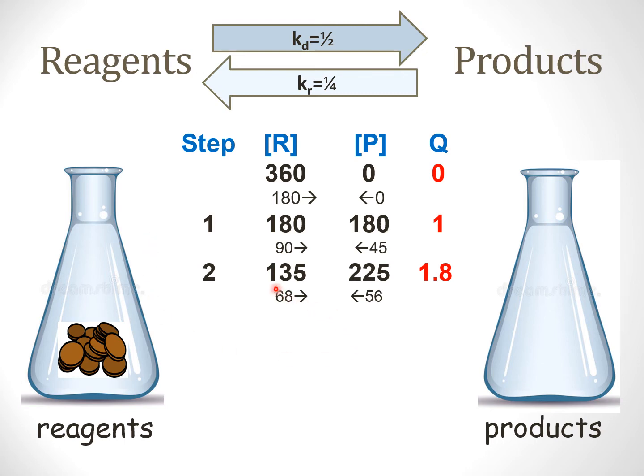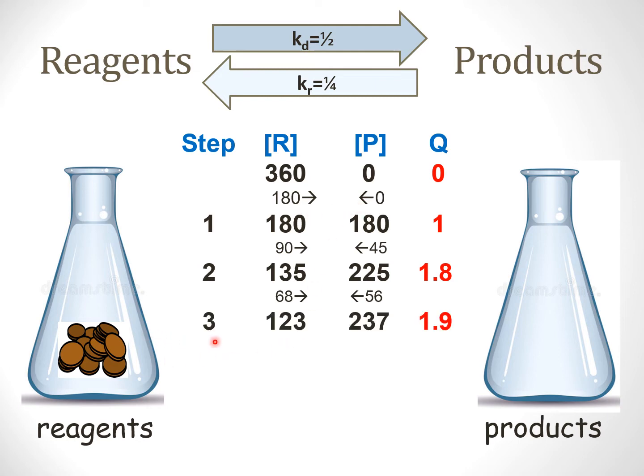So we are going to cut in half 135 and make it 68, and 1/4 of 225 is 56. So 68 minus 56 is going to be 12. So you see that the net movement is getting smaller and smaller. We started by moving 180 coins, now we're moving only 12 coins.